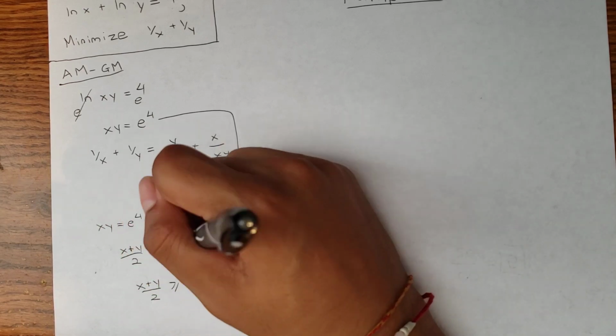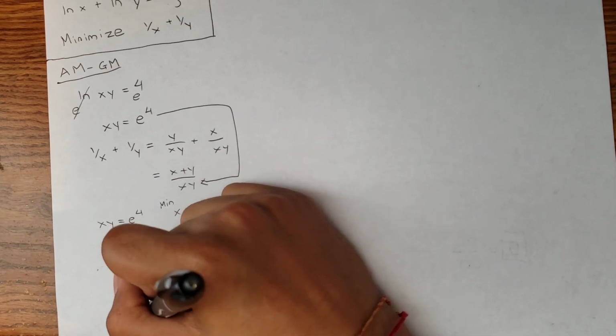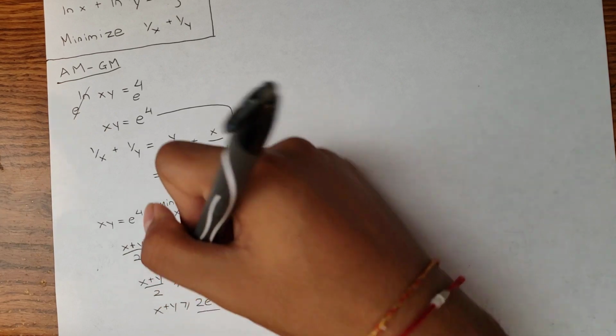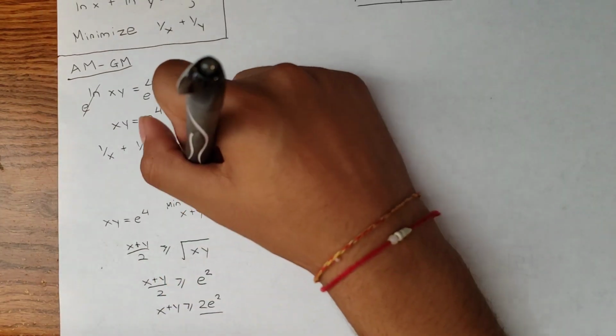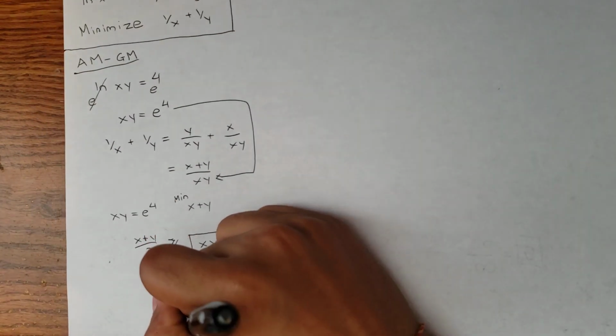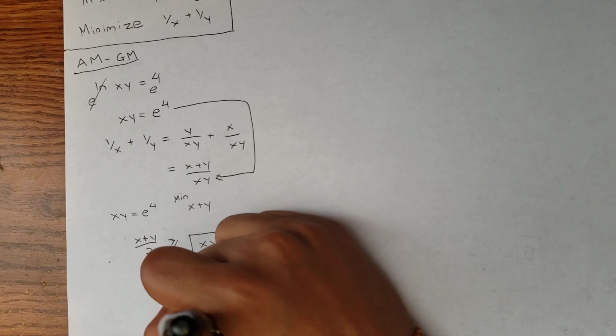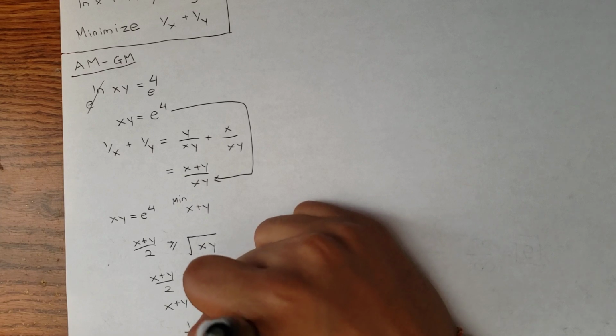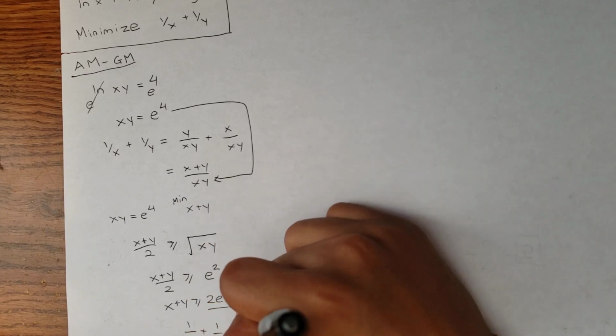Multiply both sides by 2. And we get that our minimum is 2e squared, which if we plug back in here, we get that the minimum value is 2e squared over e to the power of 4, or 2 over e squared.